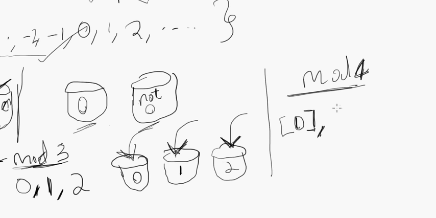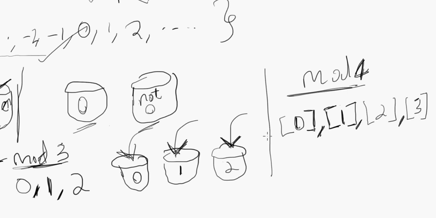And then anybody who when divided by 4 gives me a remainder of 1 is put in the bucket called 1. Anybody who gives a remainder of 2 is put in the bucket 2. Everybody who gives a remainder of 3 is put in the bucket 3. Right?